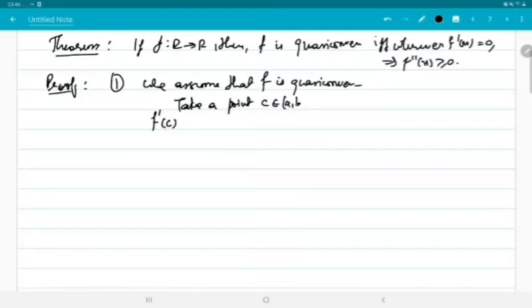C is between A and B, such that f dash C is equal to 0 and f double dash C is greater than or equal to 0.